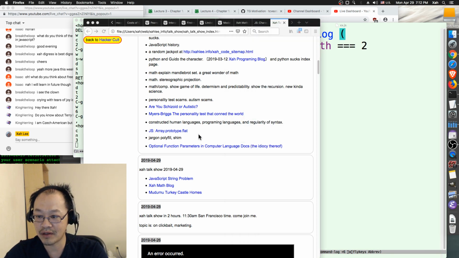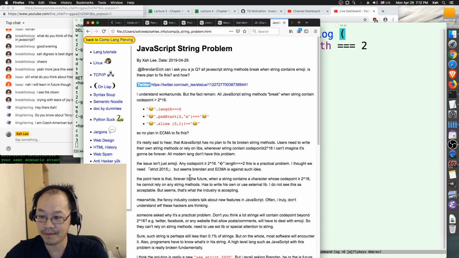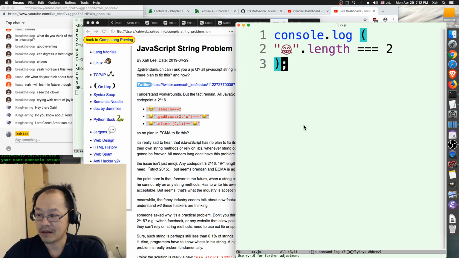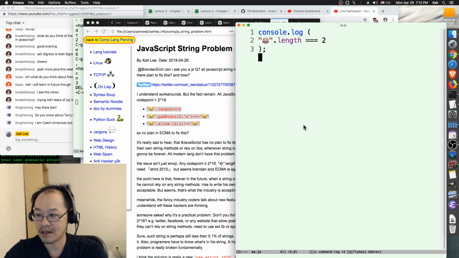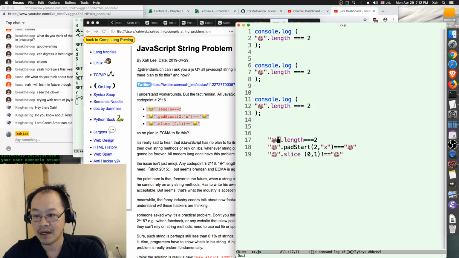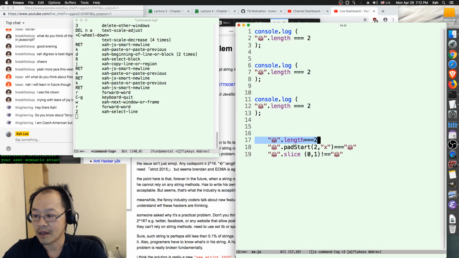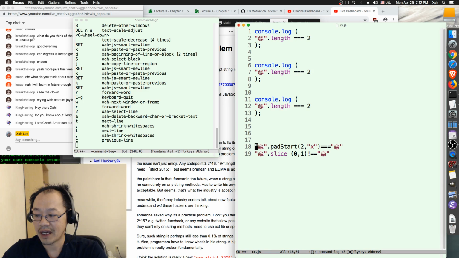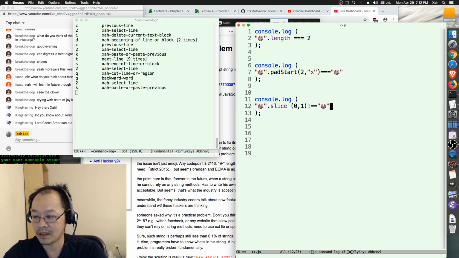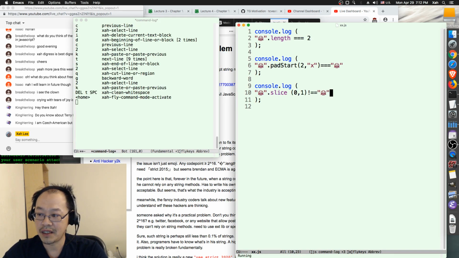Let me show you some other examples. Hold on a second. Let me shrink this. This is too big. Okay, that's good. Paste, paste. So we have that. Now let's run this.